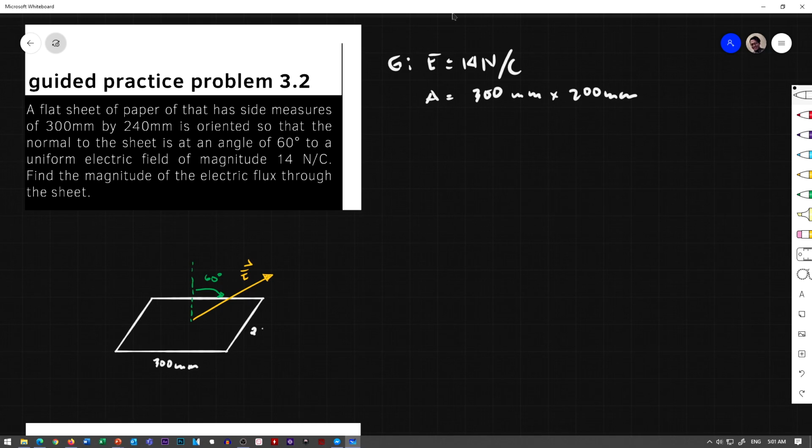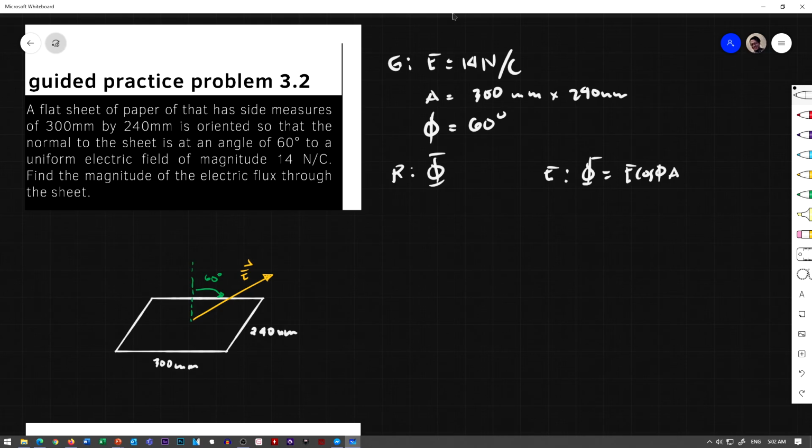This is 240. Then we have the phi, which is already in degrees, so we don't have to convert it anymore, which is again 60 degrees. For our required, we have electric flux. For the equation, of course, it's the same thing. Electric flux is equal to E cosine phi multiplied by the area.